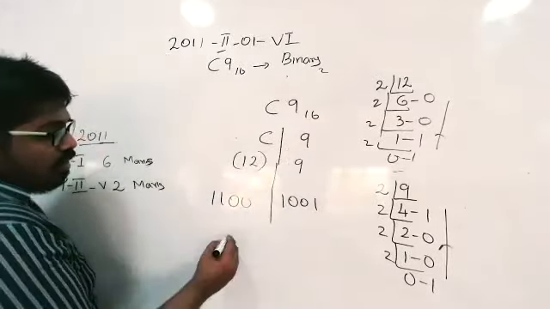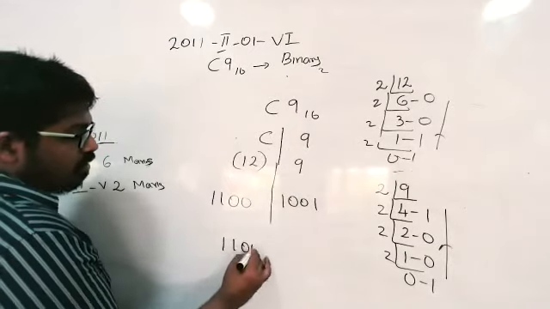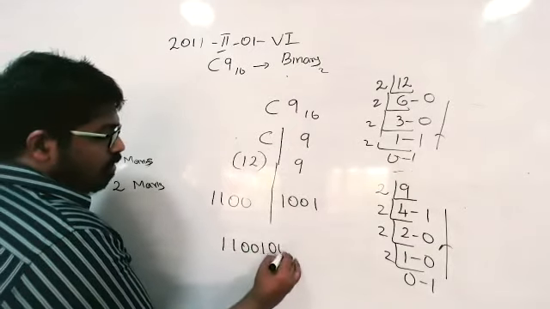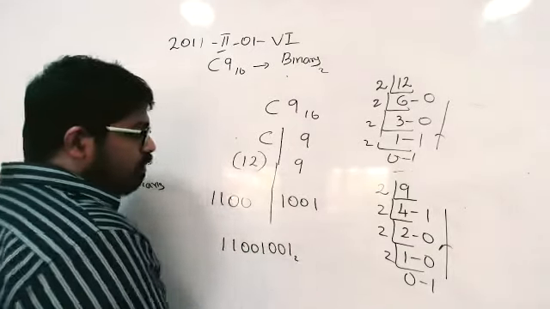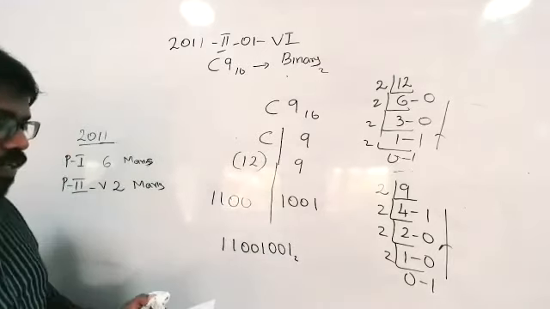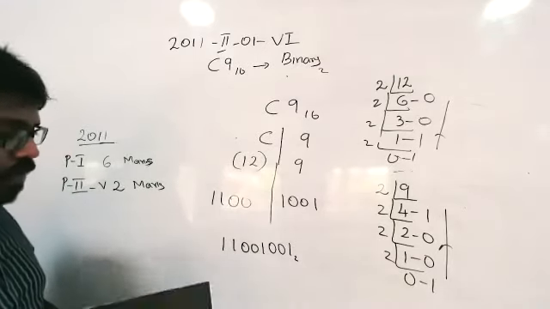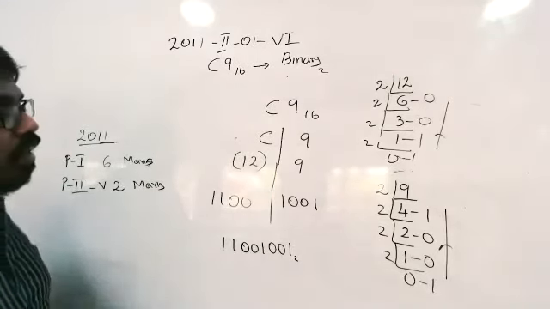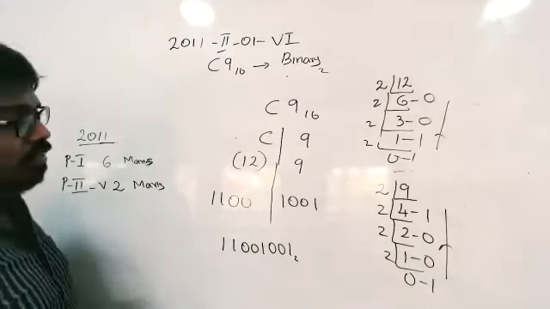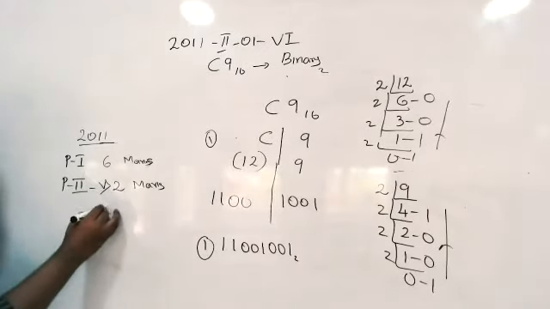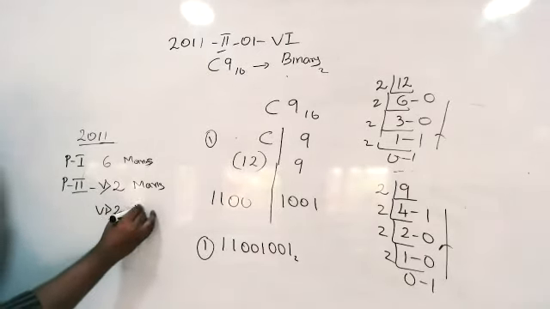You have to combine the two values. That will be your binary equivalent. 1 1 0 0 1 0 0 1 will be your answer. Here we will have 1 mark for each part. So Roman number 6 also has 2 marks.